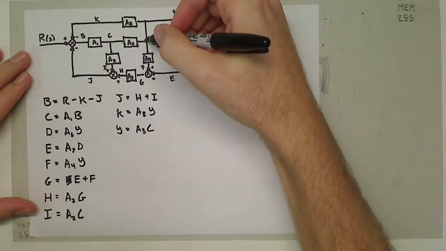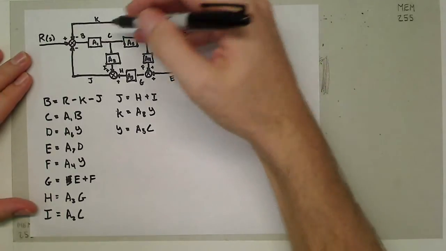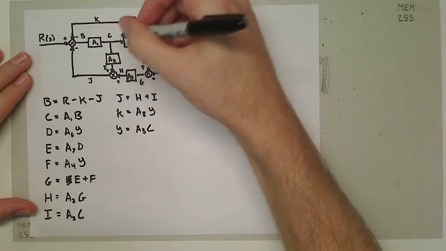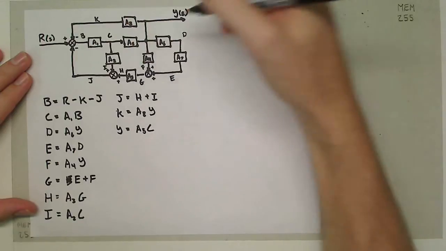So again, Y, just get Y from here. The one node that's feeding into Y right here is C times A5 gives me Y.